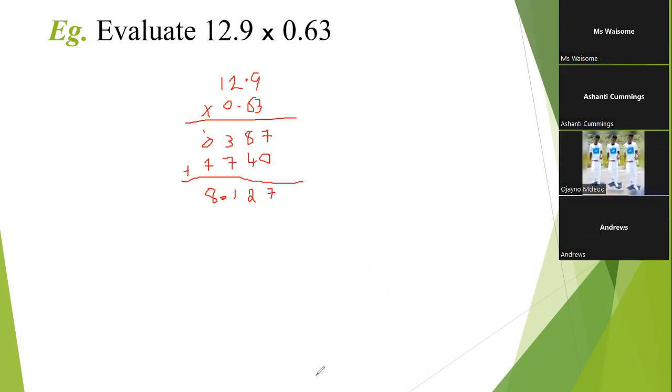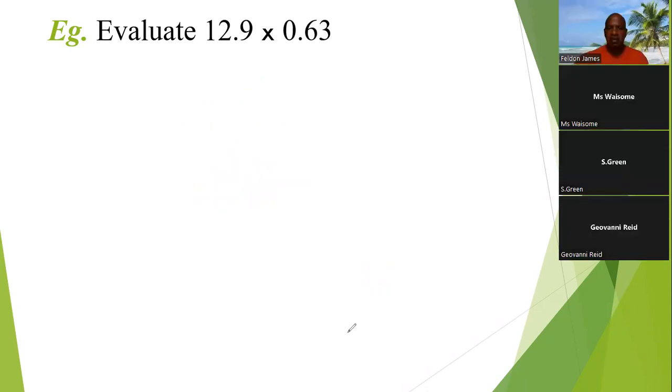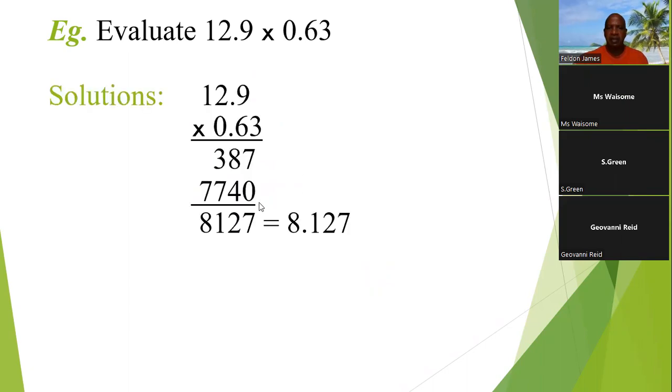All right, so let me clear this. Generally, this is what we get when we multiply it out, and the answer should have the point based on how many digits come after the point in the numbers that you're multiplying to get the product. So we have 1, 2, 3. So the answer should take 1, 2, 3.